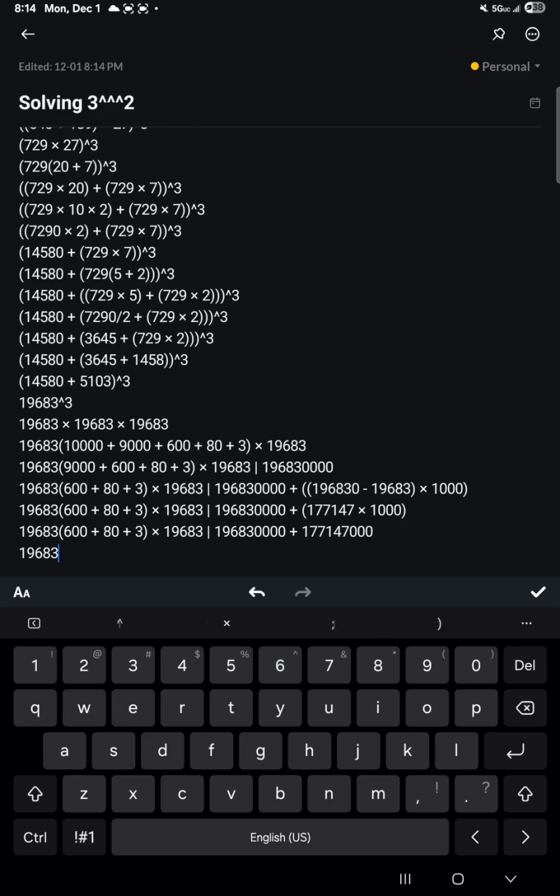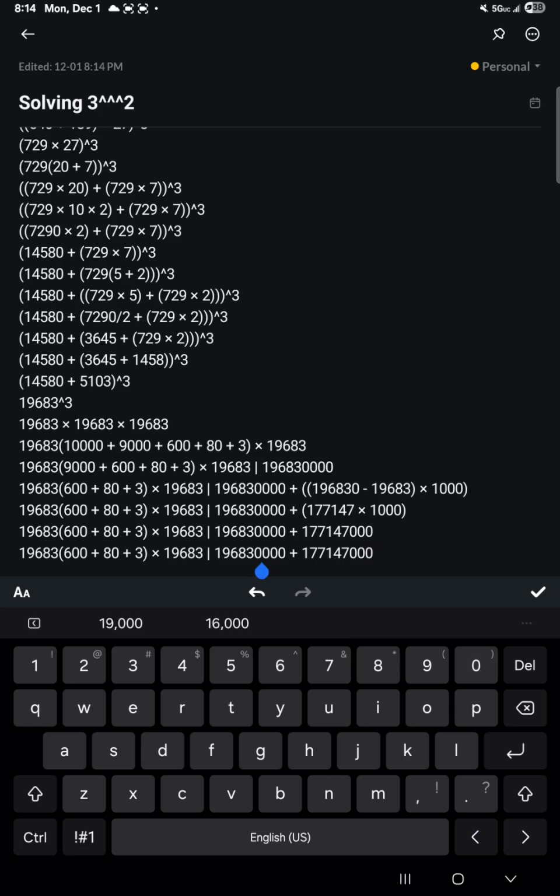Now we're going to find the sum of the two numbers in an expression. Right.